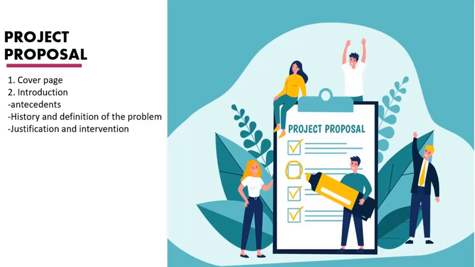So this needs to be very brief and nothing in detail. Then you also need to add objectives of the project: why the project is undertaken, and what objectives can be fulfilled after completing this project.